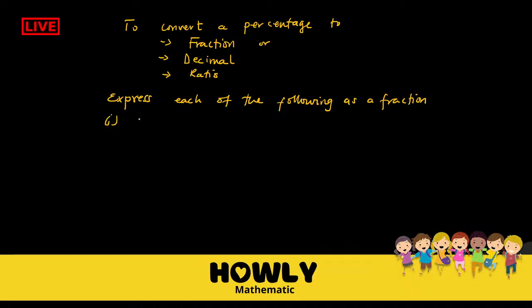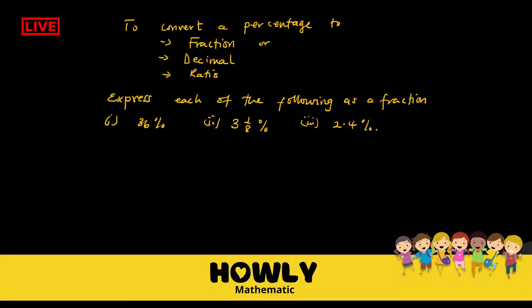Let's say we've been given this example: 36%, another one, 3 whole number 1 over 8%, and 2.4%. So we have a fraction there.